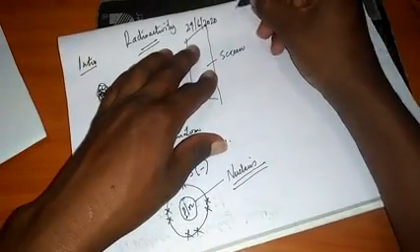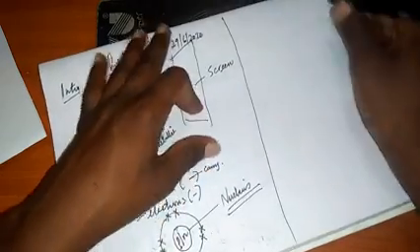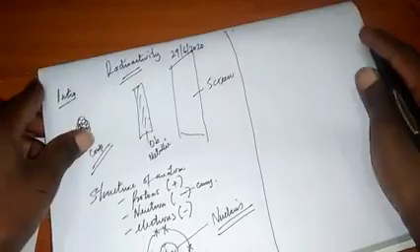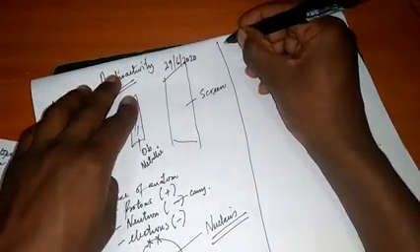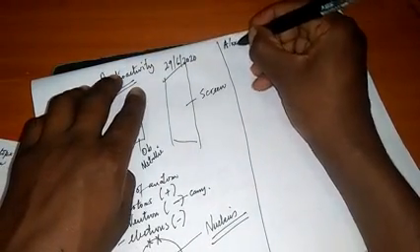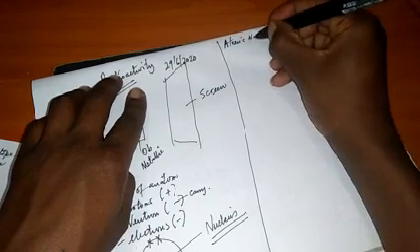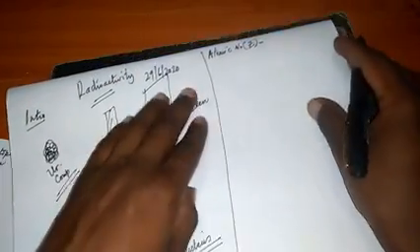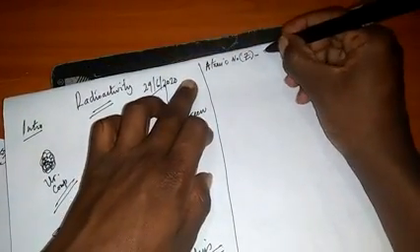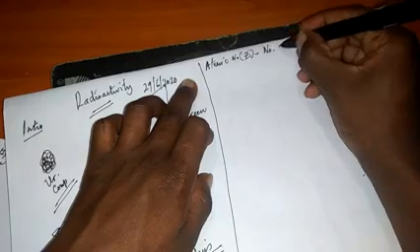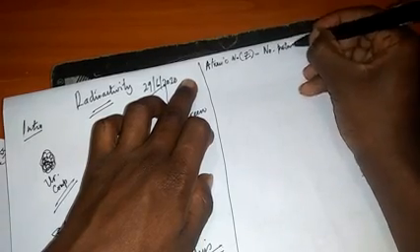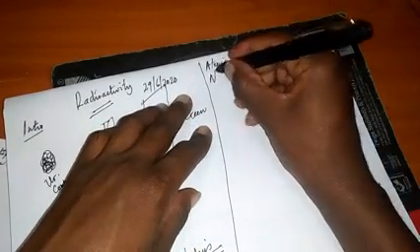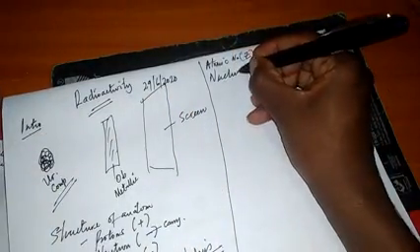And then we are going to define some terms. The first term that we are going to define is the atomic number, which we denote by the letter Z. It's the number of protons in the nucleus of an atom.